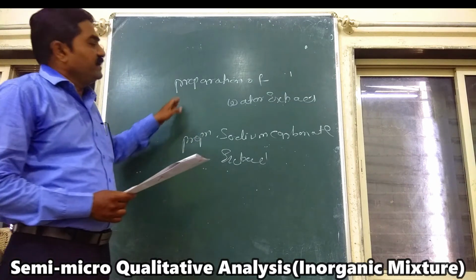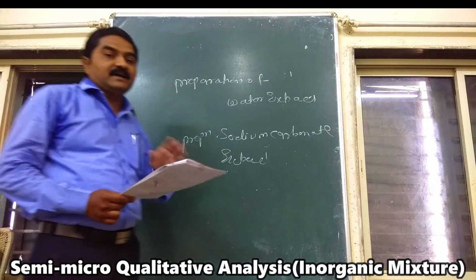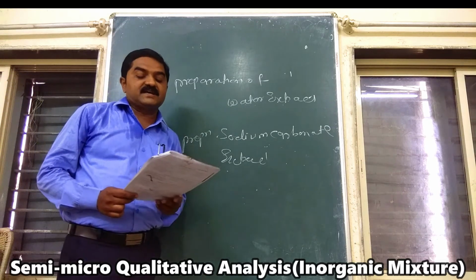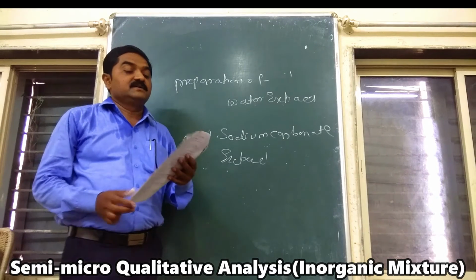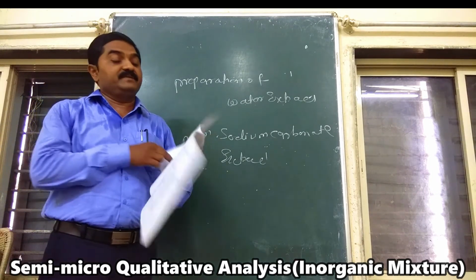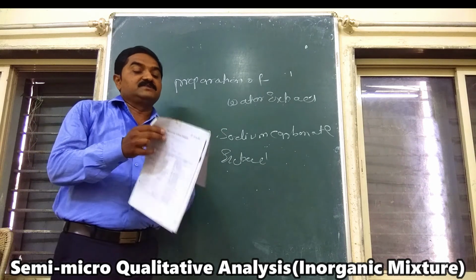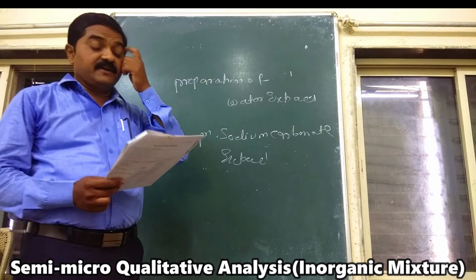Whenever we determine the acidic radicals of the first group, second group and third group, confirmatory tests are given for carbonates, sulfides, nitrites, chlorides, bromides, iodides and nitrates. Also the confirmatory tests of acetate, sulfates and phosphates are given.